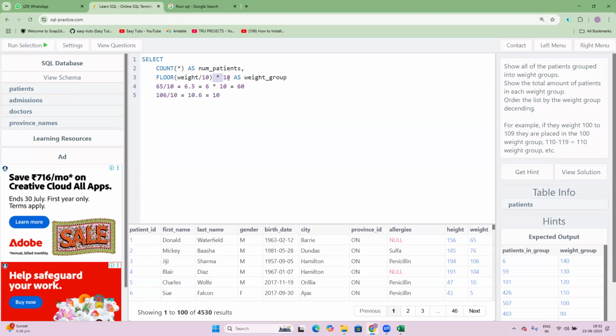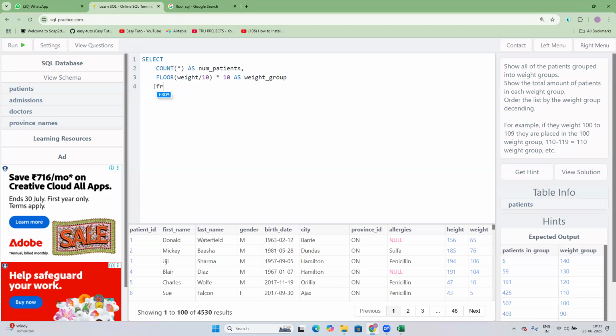And I have multiplied by 10, so when I multiply this by 10, this becomes 100. See, 106 is falling in the group 100. Correct, guys? Everyone understood the math behind this? That's the math we are using, guys. Very easy actually.